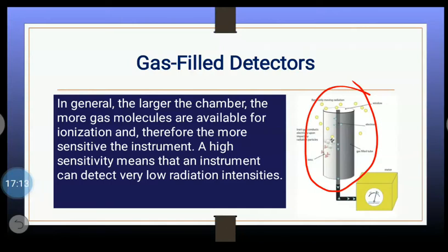As per our reference, if we are to measure low levels of radiation, such as in radiography, we are expected to use large chambers. Small toy-like ones that fit in a pocket will not do.